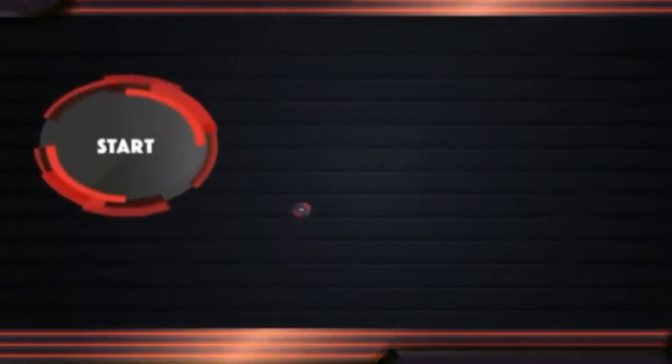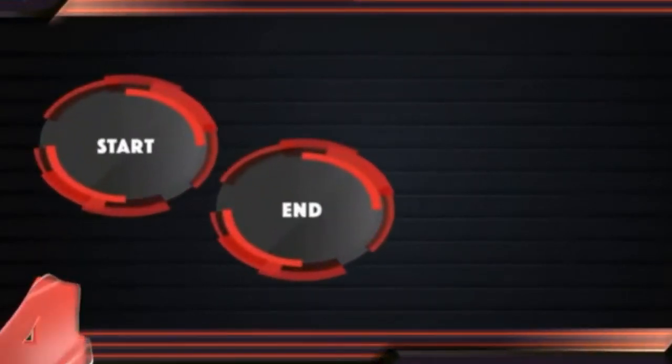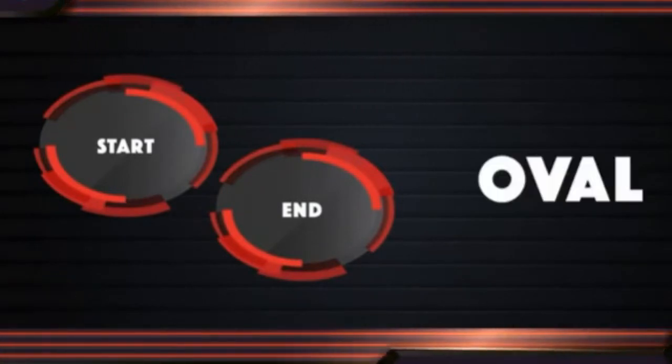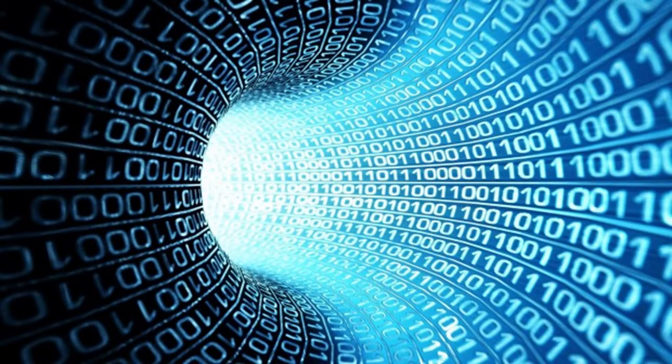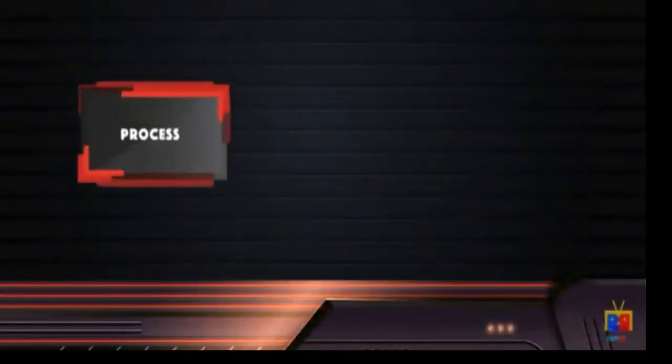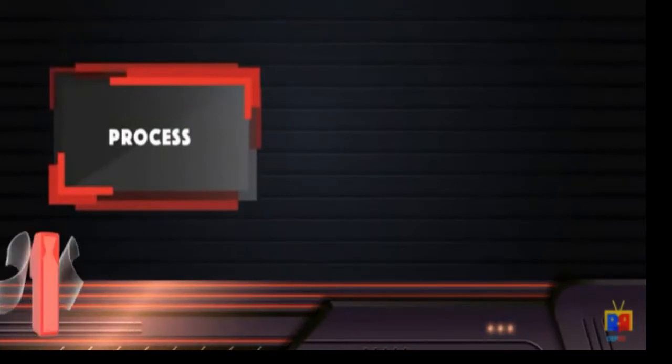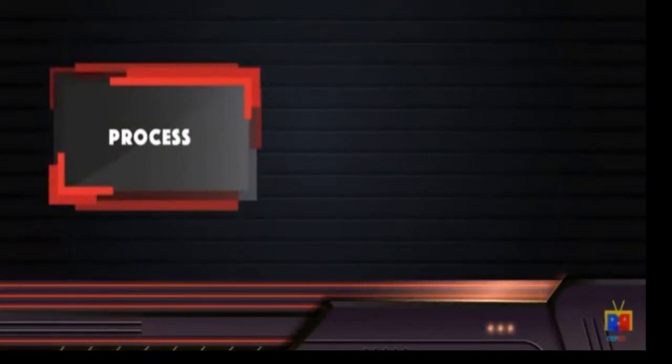What shape is this? Did you say oval? Did you say box or rectangle?